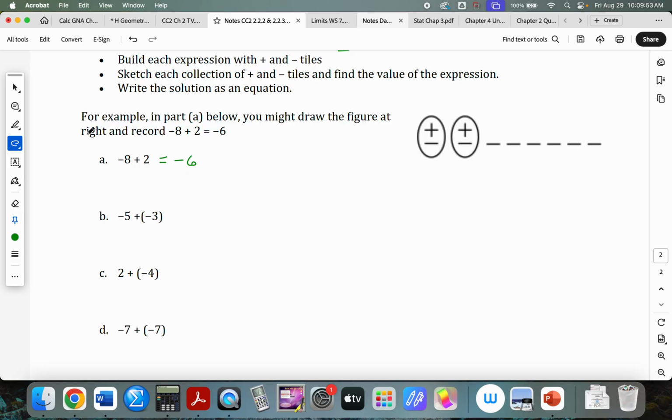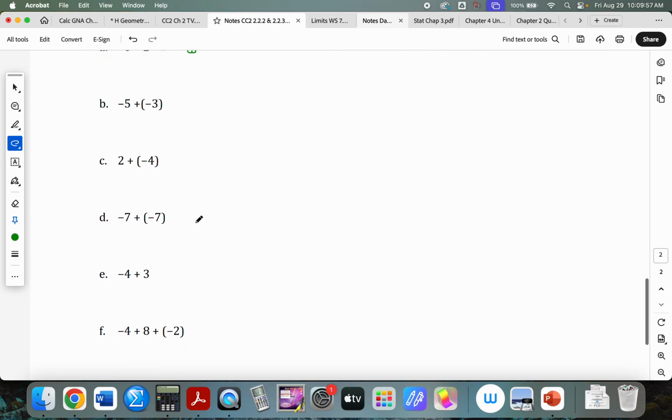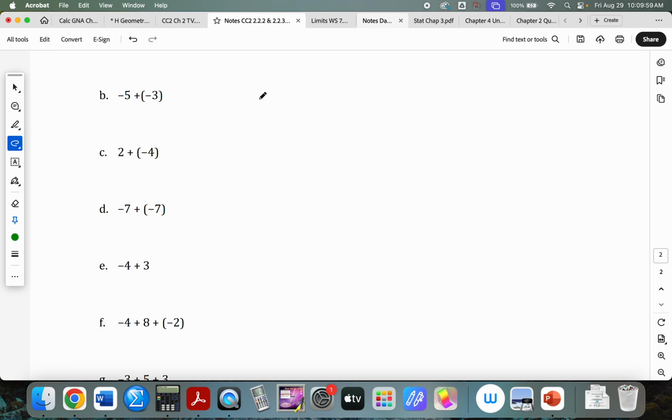All right, let's see how you're doing on these. So we've done A. For B, we have 5 negatives, and then another 3. So what's the value, everybody? -8. Here I have 2 positives and 4 negatives.